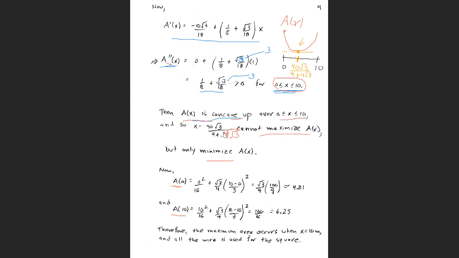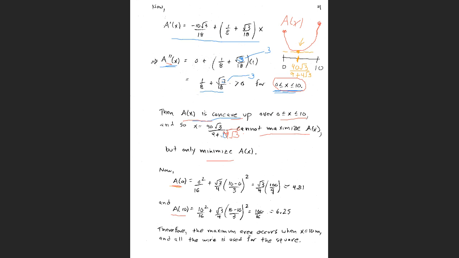And it turns out it's going to be the right endpoint, when x equals 10. Here I evaluate the area when the cut is like there is no cut. In other words, A of 0, I want to say this the right way. Hold on.